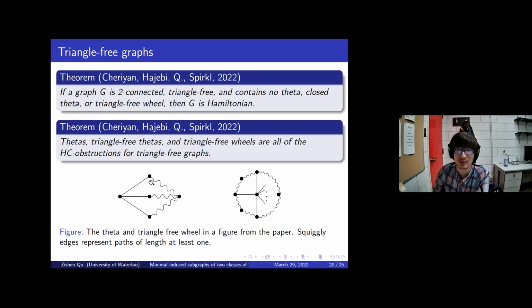And the way that you show that this is not Hamiltonian is you look at each vertex and each path, and you realize it's full of degree 2 vertices. So any potential Hamiltonian cycle has that in the entire path. And that same argument is still going to hold true because the ends are degree 3. So it's not going to help you to add another edge. Yeah, so just those 3 infinite classes will give you the HC obstructions.